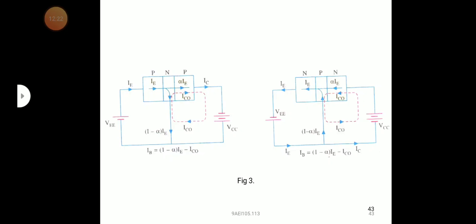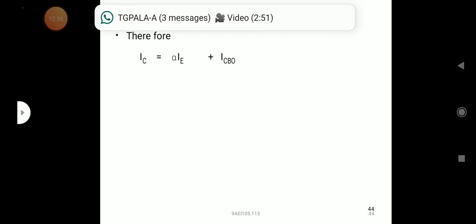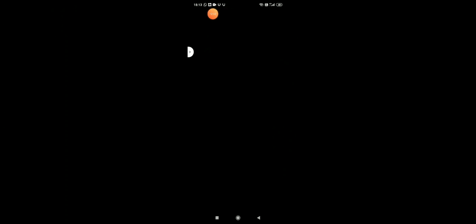So IB equals 1 minus alpha IE minus ICO.